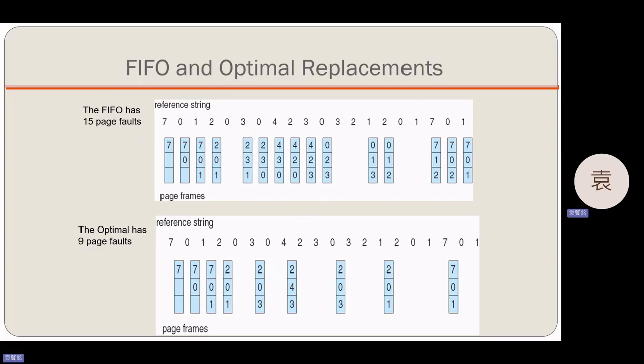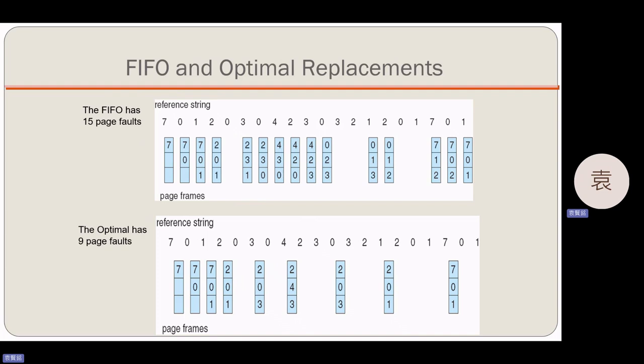Then 0 no fault, then 4 also generates a page fault. Now we check 2, 0, 3. Page 0 is the farthest, so page 4 replaces the position of page 0.